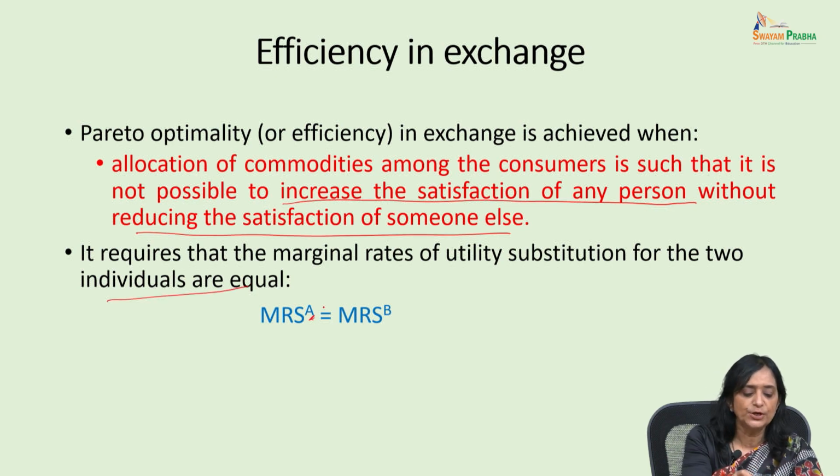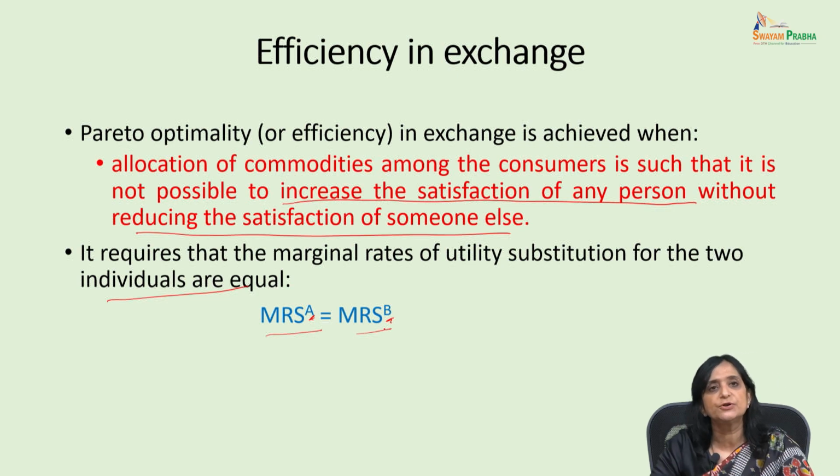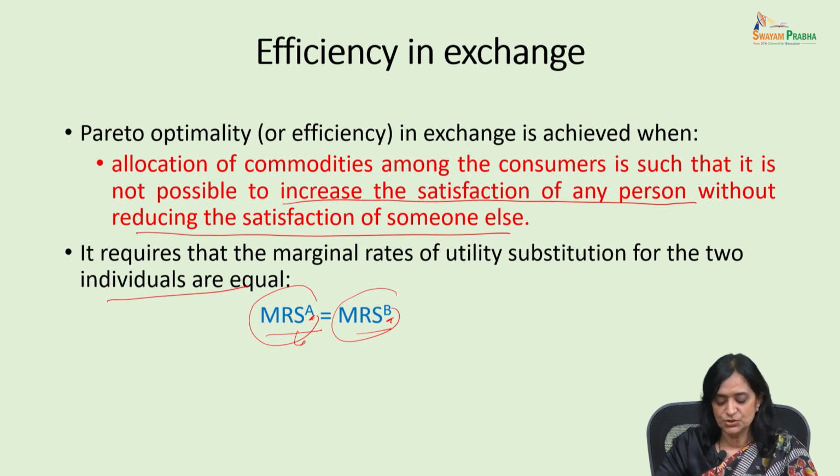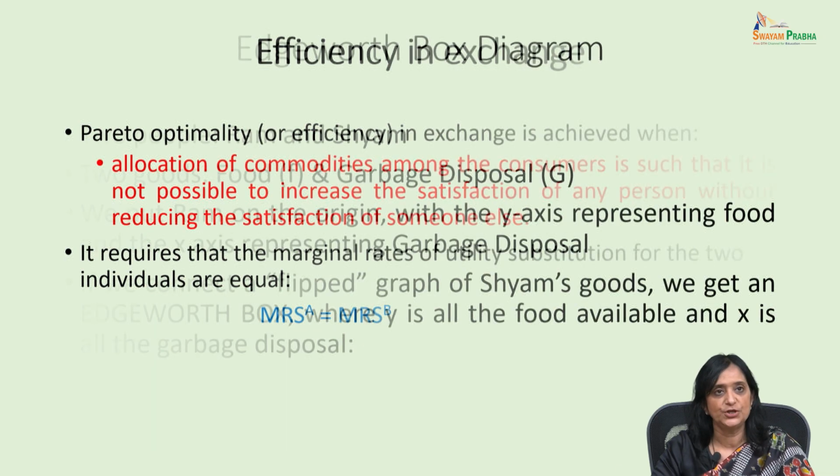That is, if there are two individuals A and B, then the marginal rate of substitution for A should be equal to the marginal rate of substitution for B. If I am taking away some goods from A, and his marginal rate of substitution, the extra satisfaction he is going to get, becomes equal to that of B, we say that we have achieved efficiency in exchange.